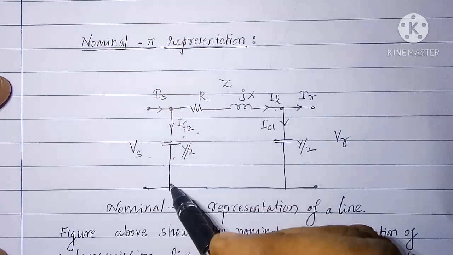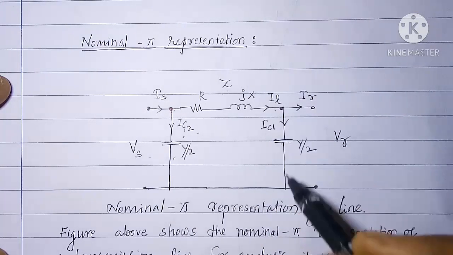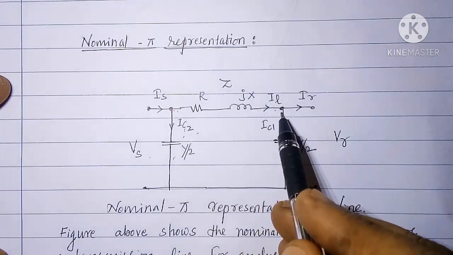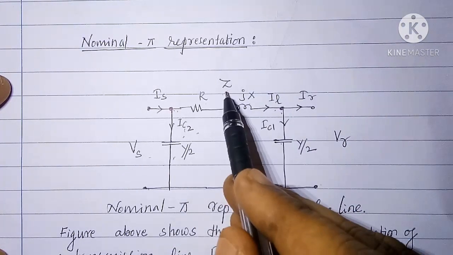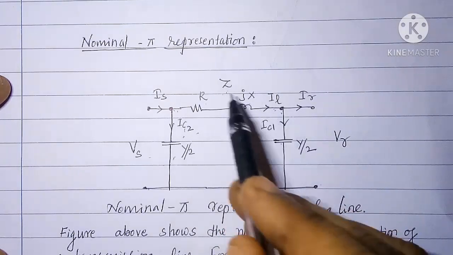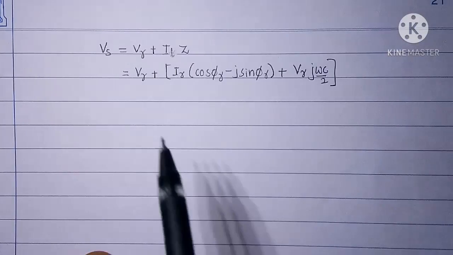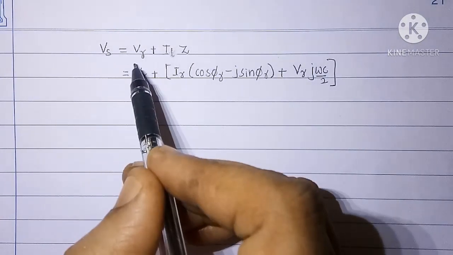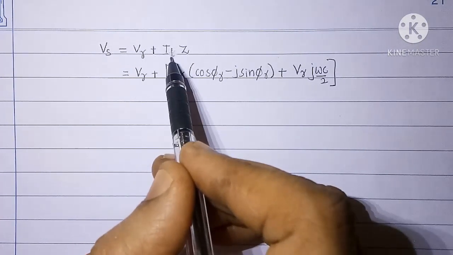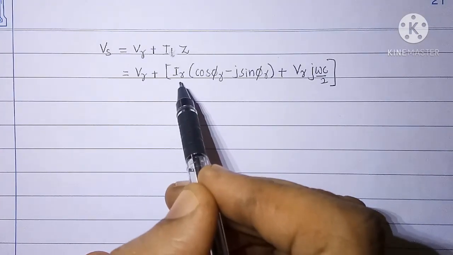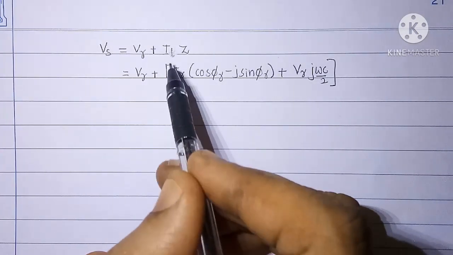Sending end voltage Vs is equal to receiving end voltage VR plus the drop in line. Drop in line is nothing but Z into IL, and Z is R plus jX. So Vs is equal to VR plus IL into Z. We have written already an expression for IL.